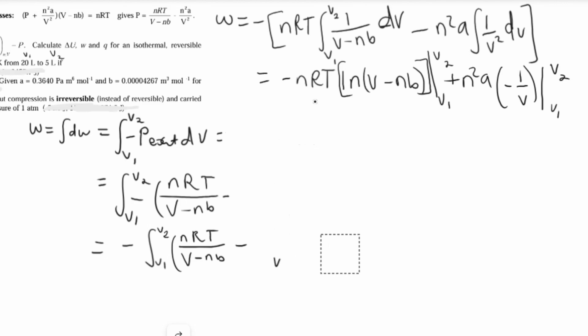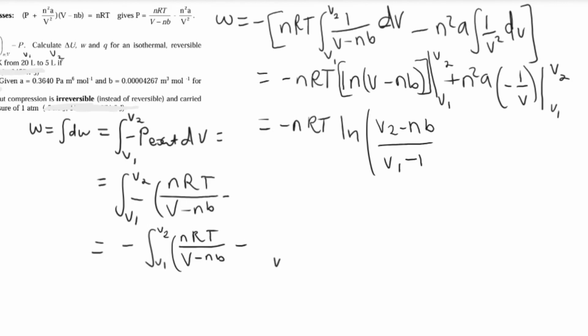We have an equal sign, minus nRT is still there, ln of, when we put V2 here and then we subtract when we put V1, the resulting answer is going to be ln of the fraction (V2 minus nb) over (V1 minus nb), and then we close the bracket.